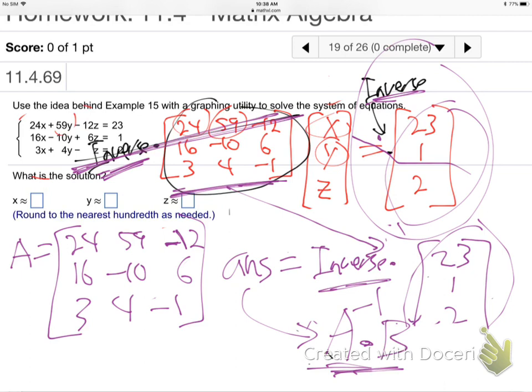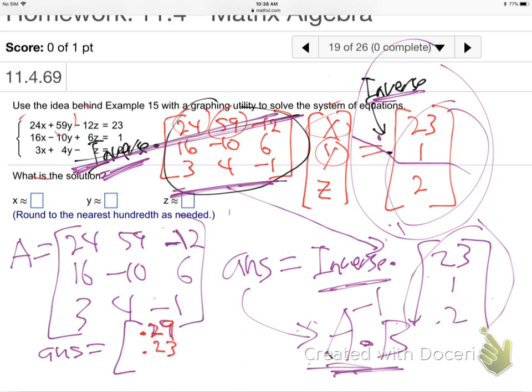Those decimals, that's X, Y, and Z. However far they want you to round. Hundreds. Just round them to 2 places. And so the answer I'm getting, rounded to 2 places, is 0.29, 0.29, and 0.23.